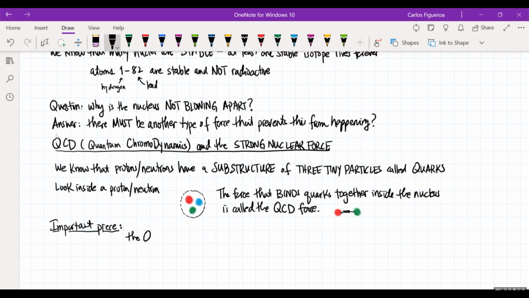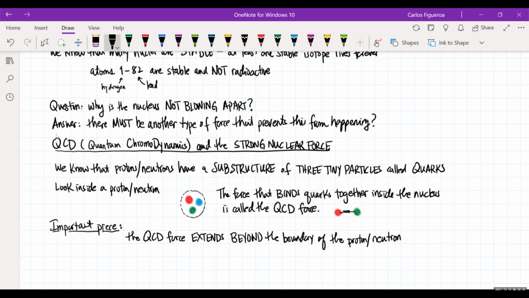The QCD force extends beyond the boundary of the proton or neutron. And so what do I mean by that?